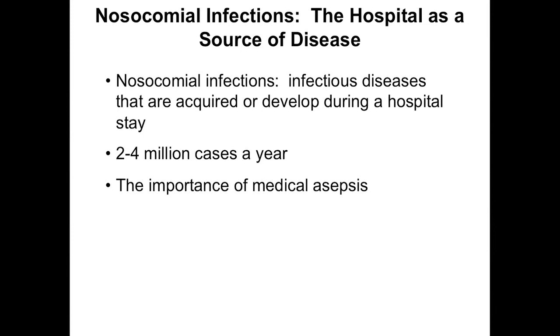So there are a lot of good hospital practices that have come about to make sure that these things don't happen as often. But nosocomial infections are a breeding ground for evolution in microorganisms, especially when it comes to resistance to both chemicals and antibiotics.